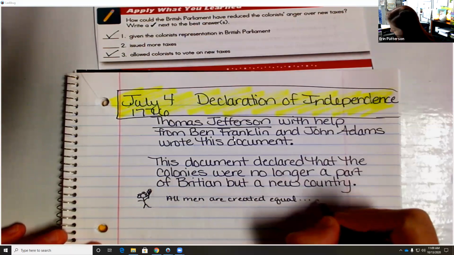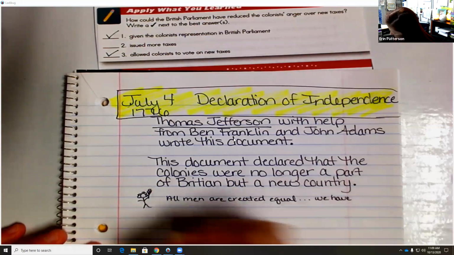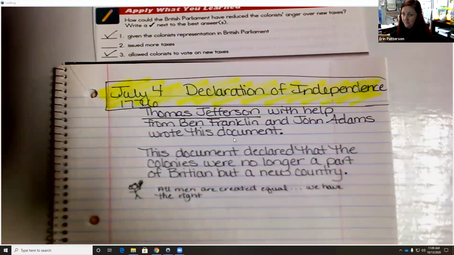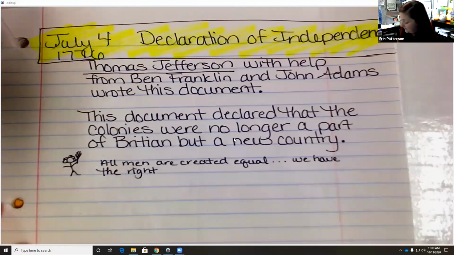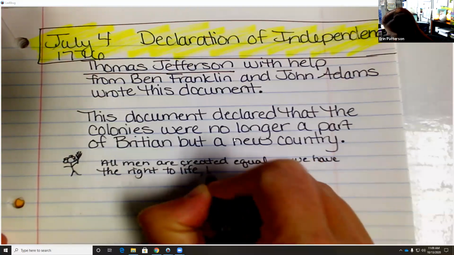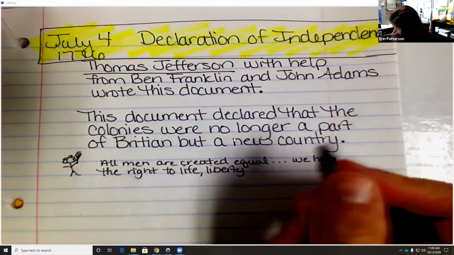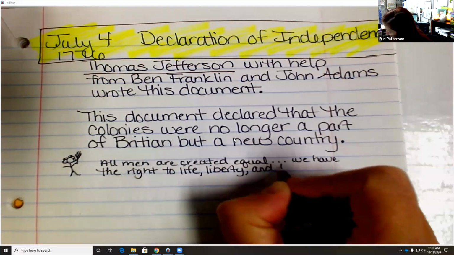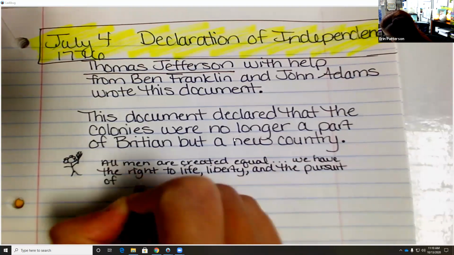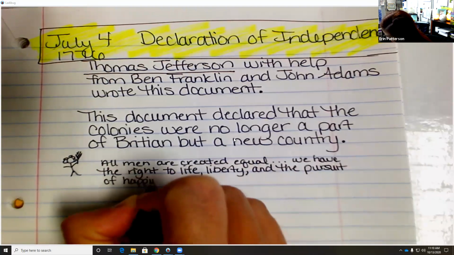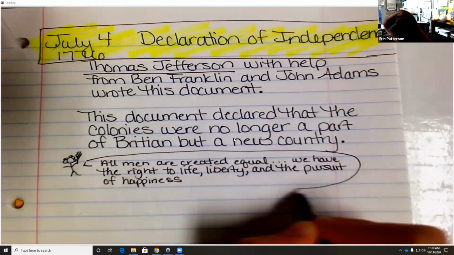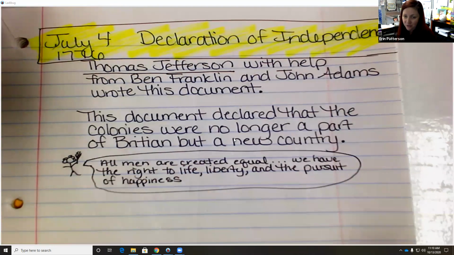We have the right to life, liberty, and the pursuit of happiness. You know me, I always like to have a little illustration with mine.